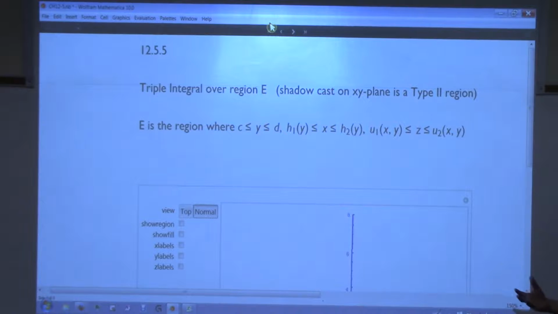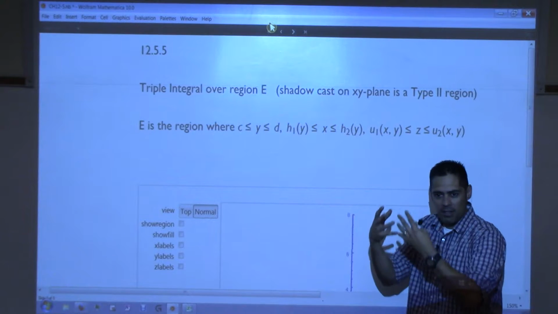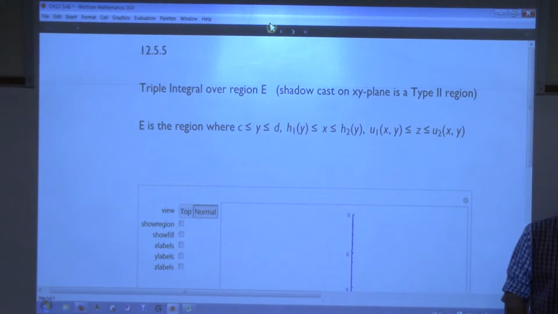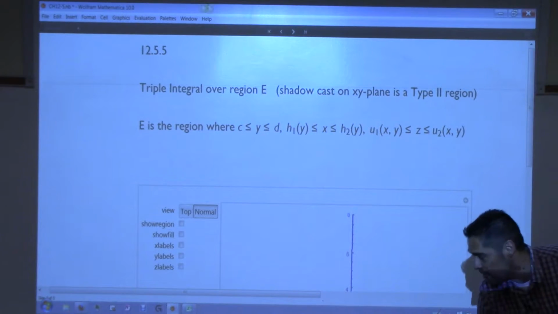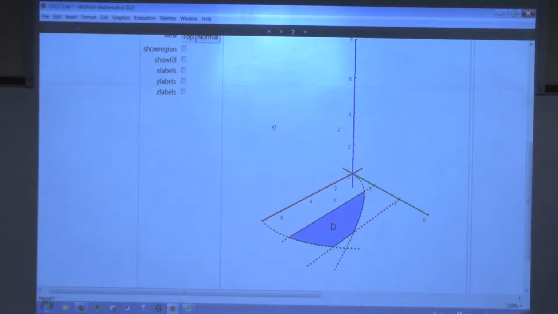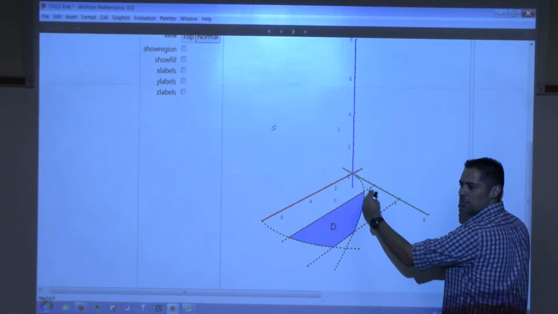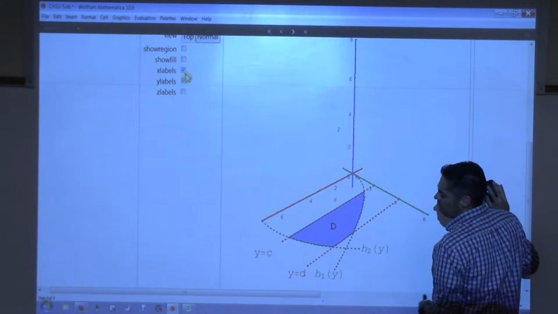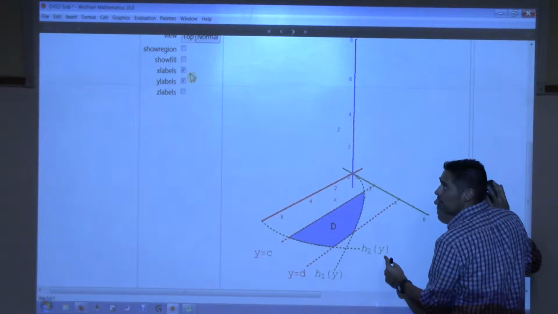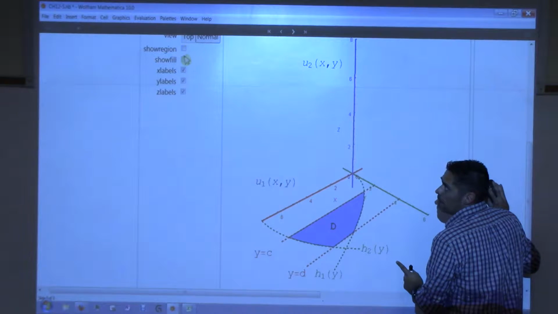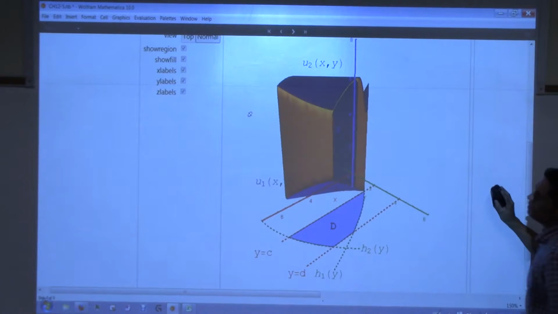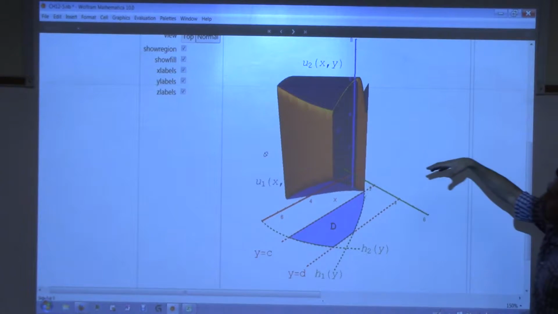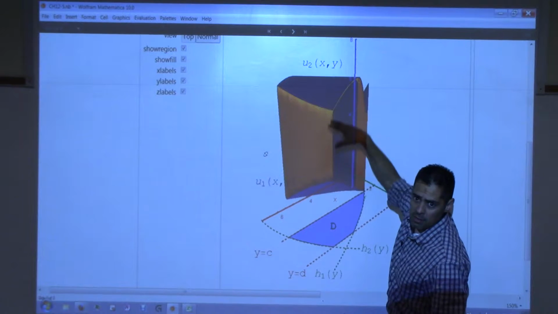All right, so what would happen if I have a solid E? I want to integrate over this solid E, and I look at the shadow on the ground, and it's not a type 1. It's a type 2 from a double integral. The only thing that's going to change is that now your y's are stuck between two constants, your x's are stuck between two functions of y, and your solid is still stuck between two functions of x and y.